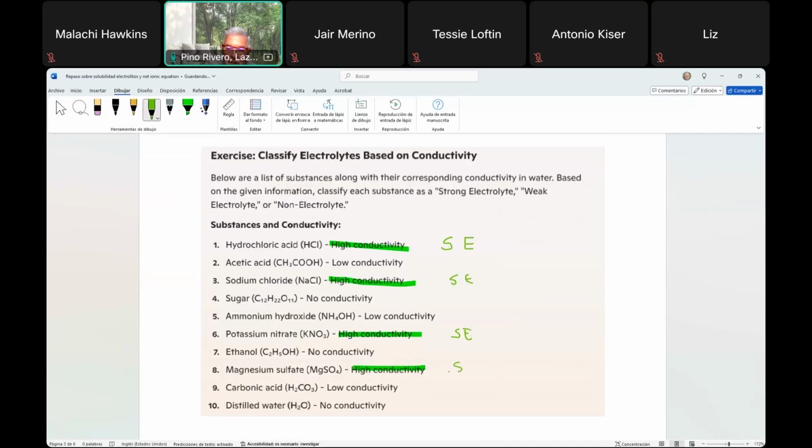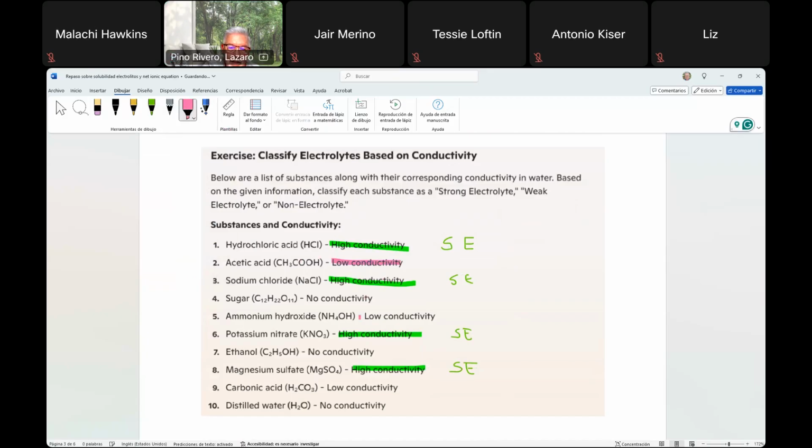All right? Now, let's see what happens if the conductivity is low. Low conductivity, sorry.